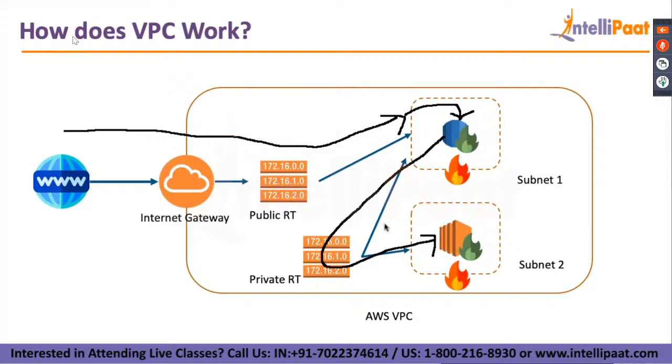But the private route table has allowed connections between these two subnets, and because of that we can connect to this machine, and from this machine I can SSH into this particular machine, but it obviously has to be using the private IP addresses. Okay, so let's try that over here.